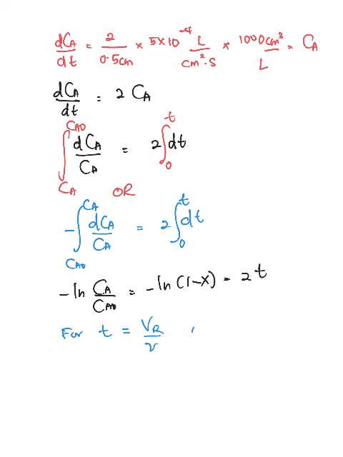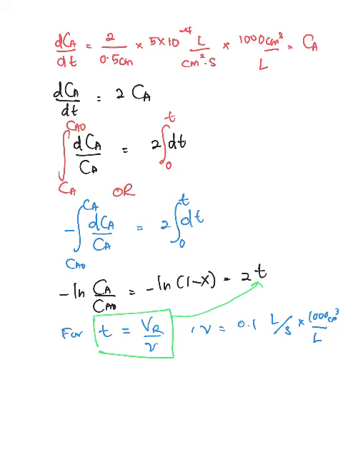Okay, so volumetric flow rate is 0.1 liter per second. Again, you need to check the unit. So multiply with 1000 centimeter cube per liter to change the unit. Okay, then insert this t equal to VR over V into this equation.